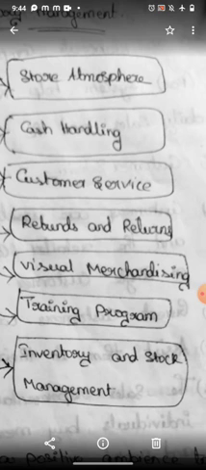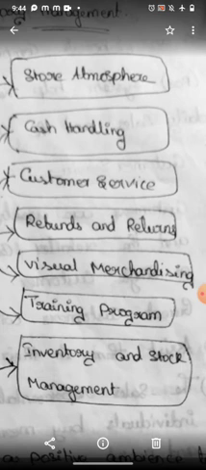So it causes problems for us. That's why the store atmosphere matters. So we must not allow any customer to take products to eat inside the stores. Okay, next one is cash handling.